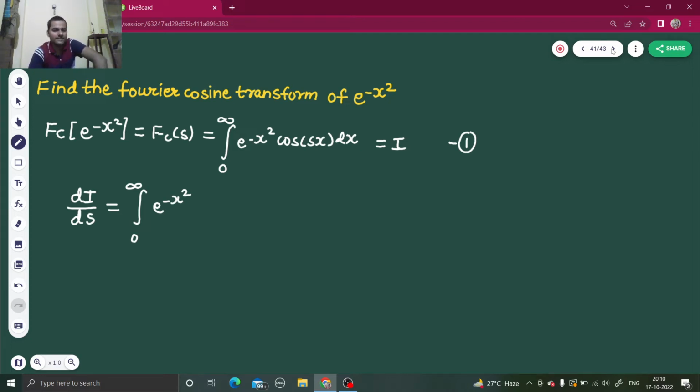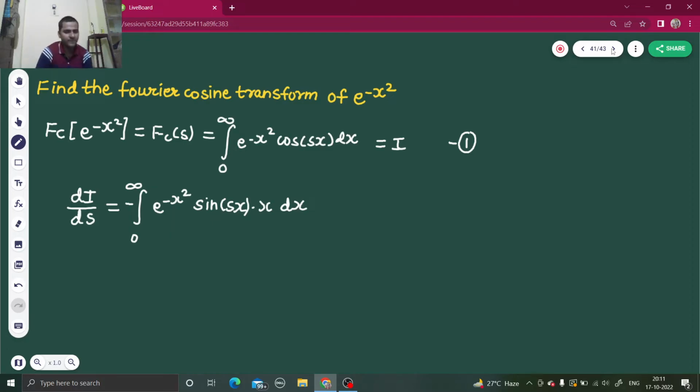Derivative of cos sx is minus sin sx. So minus sign I am writing here for some time only. Sin sx, and derivative of sx with respect to x, one x will come, dx.